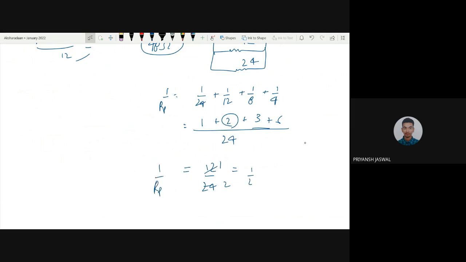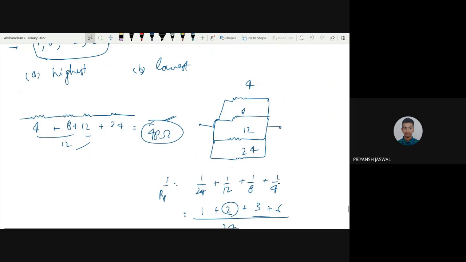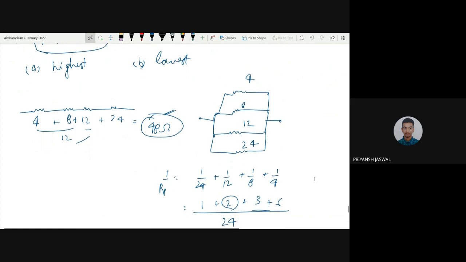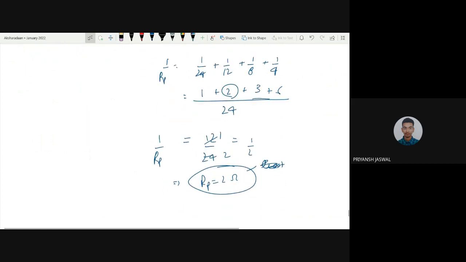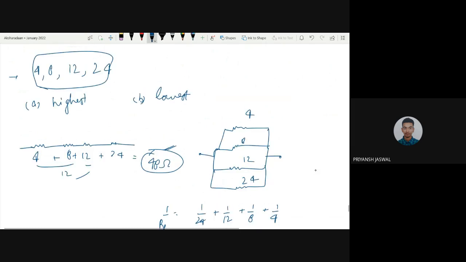So this implies that RP is 2 ohm. Least value, not the least, but the minimum, let's say lowest value, and 48 is the highest value.